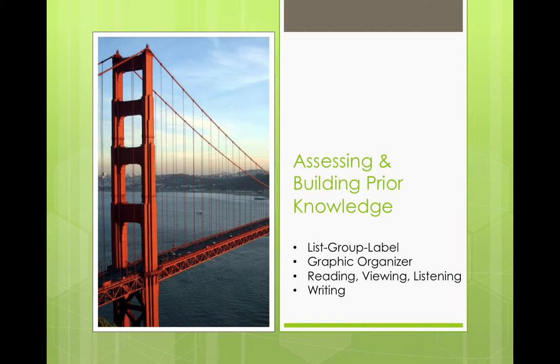When students do not share a set of experiences, such as with language learners, you can introduce an activity for building instead of activating prior knowledge. That would be a big difference: do you need to build prior knowledge or activate prior knowledge?